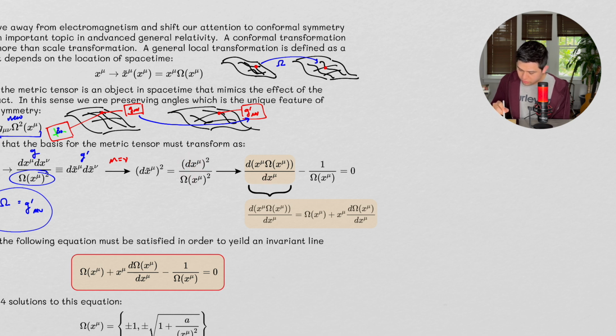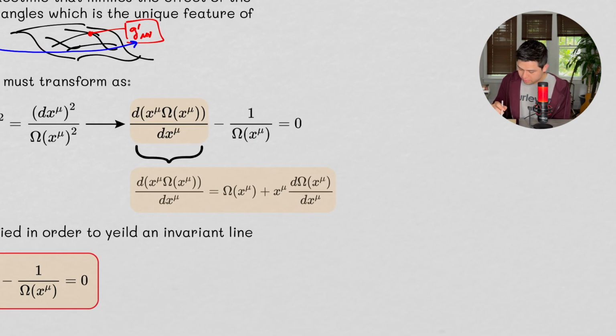Okay? So all we're really doing is replacing this guy with this guy, then dividing both sides by this guy. And so what we get is this relationship here. This is quite interesting. Let's look at this a little bit more.